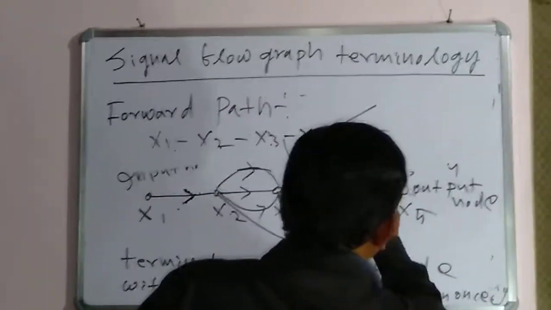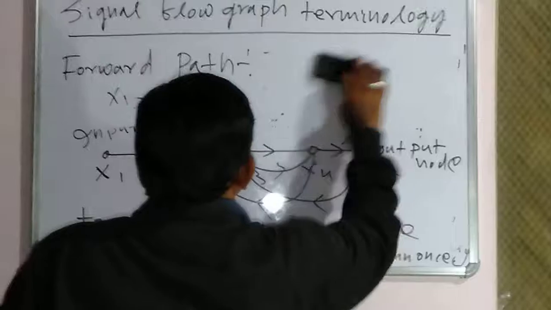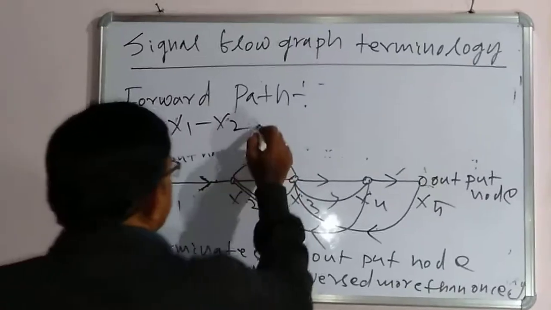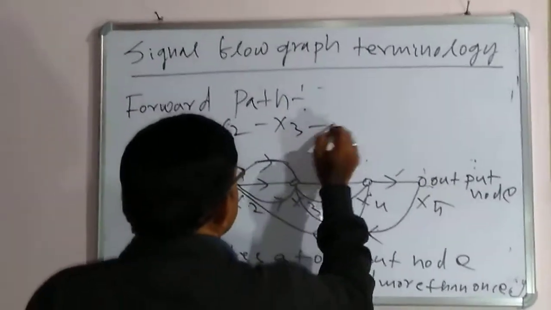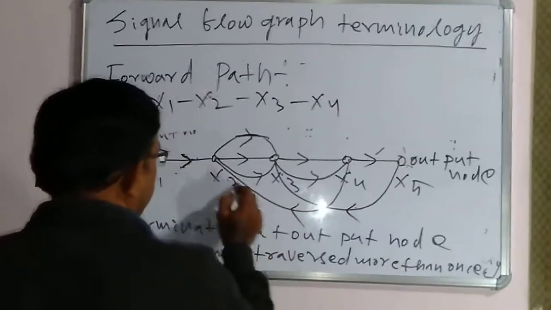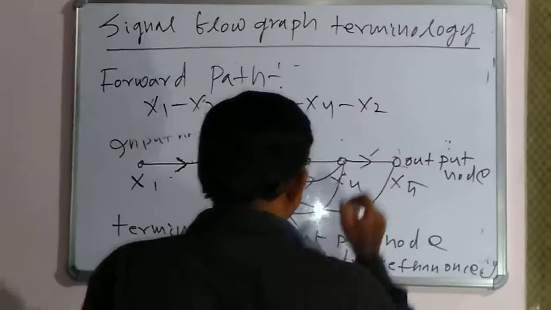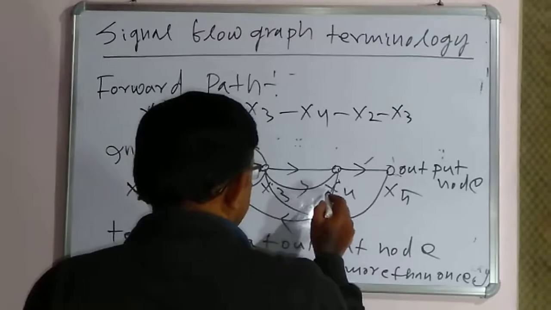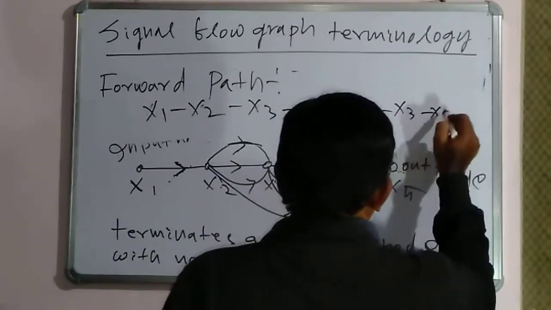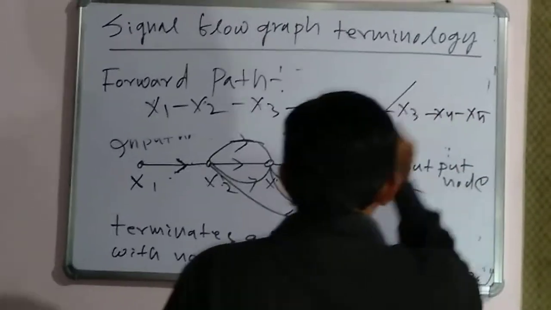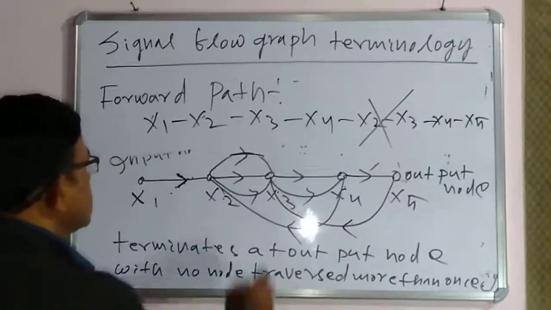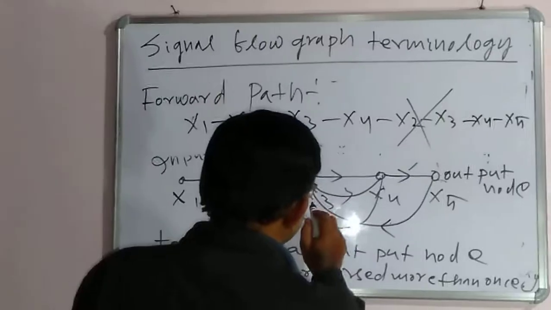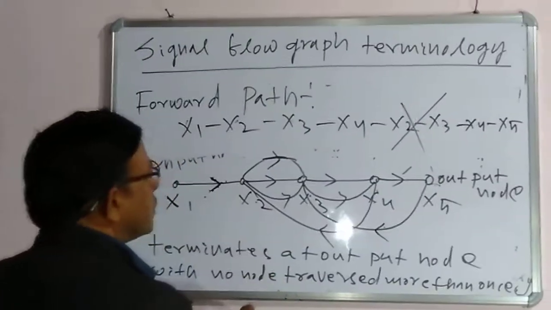Again, to clarify about the forward path, if we consider x1, x2, x3, then x4, again we come back to x2, then x3, then x4, x5. This is not a valid forward path because we traveled through one node two times.